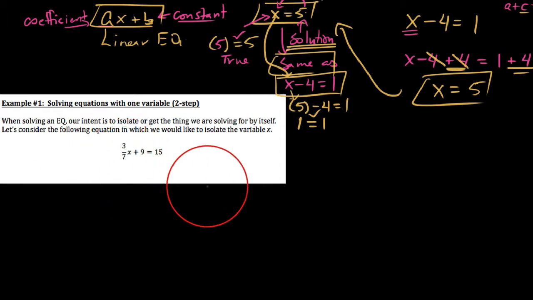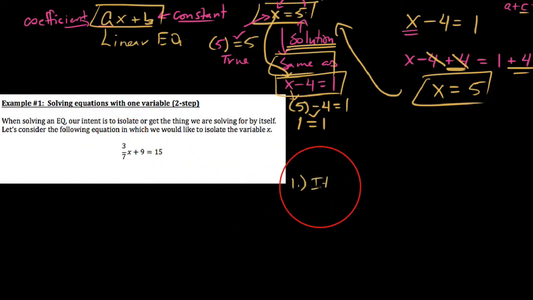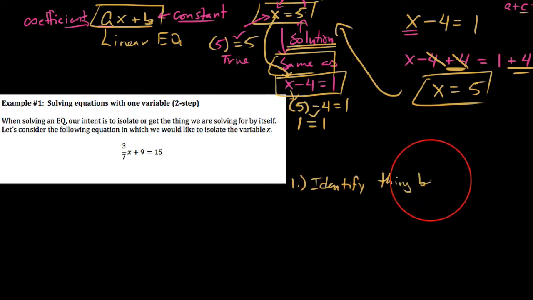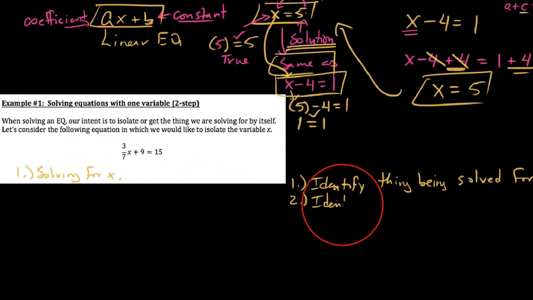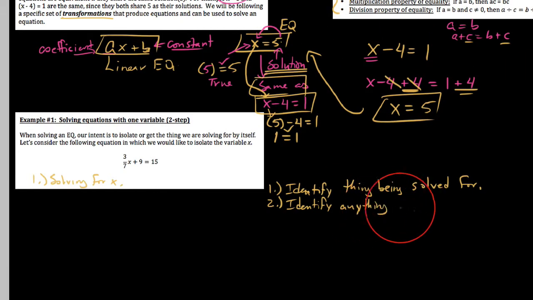So the first thing I want to do is this: I want to, 1, identify the thing being solved for. Okay, so we say over here, 1, we're solving for x. This is the first thing I want to establish here. 2, we say identify anything on the same side as that thing.